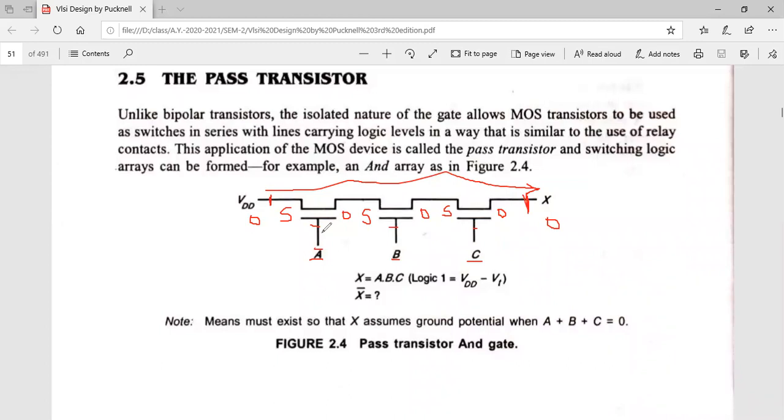So this is the concept. This is an AND gate. X is equal to A dot B dot C, and logic 1 is equal to VDD minus VT. The value is present only when A, B, C are all on.